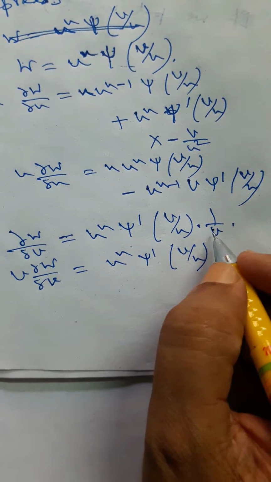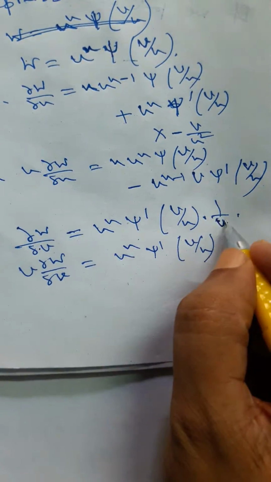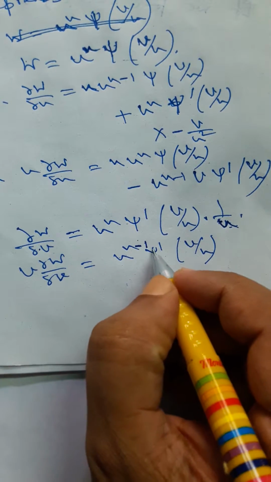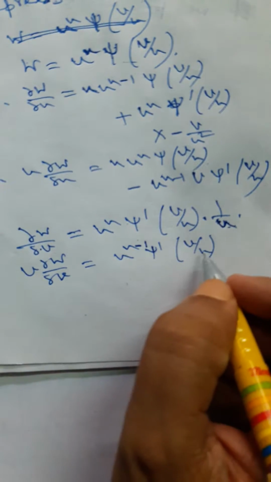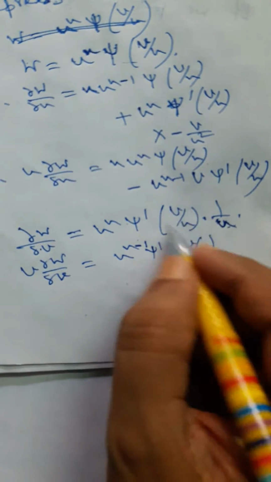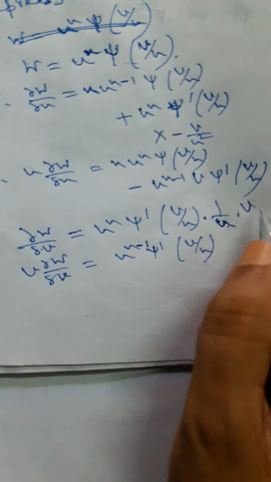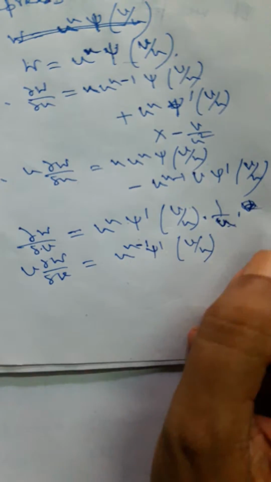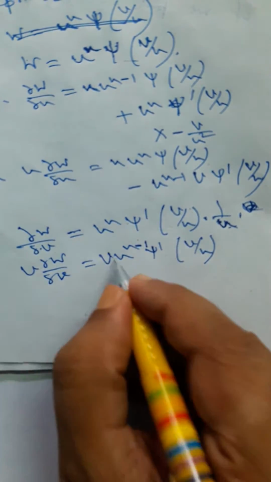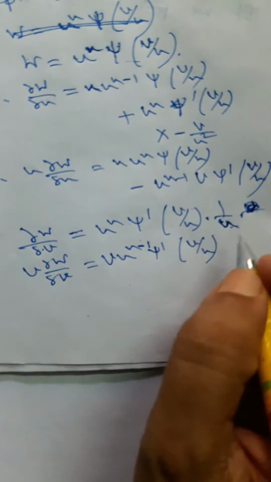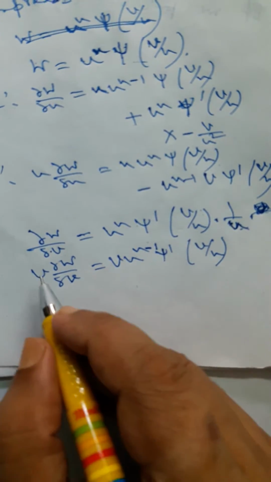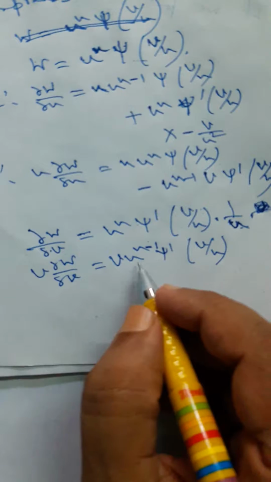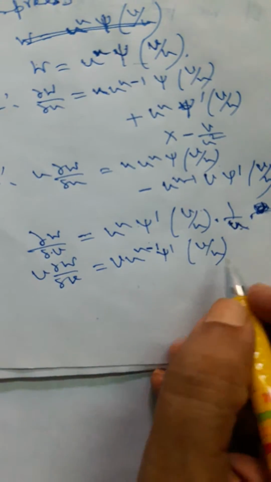Sorry, here the correction: with respect to v, it will be 1 by u. So del w del v is u to the power n minus 1 psi dash of v by u, and v del w del v will be v into u to the power n minus 1 psi dash of v by u.